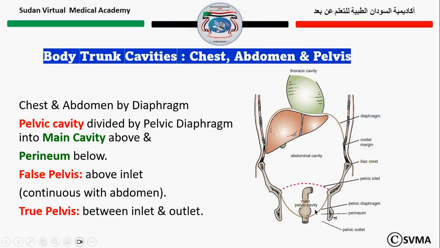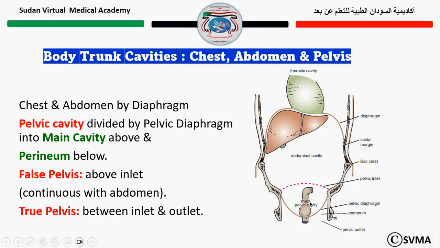So when we say the main pelvic cavity, we mean the true pelvis. The diaphragm and the pelvic diaphragm are actual muscular diaphragms, but the pelvic inlet is an imaginary plane formed by different borders. I'm not going to mention them again. We said them in the last lecture.